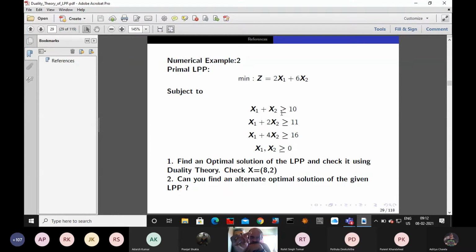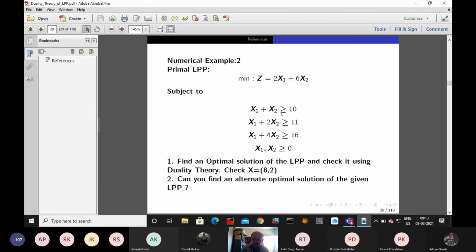My question is, first write the dual of this problem. This is the primal. The dual will be: there are 3 different constraints, so 3 different dual variables, y1, y2, y3, or you can say lambda 1, lambda 2, lambda 3. They are non-negative.